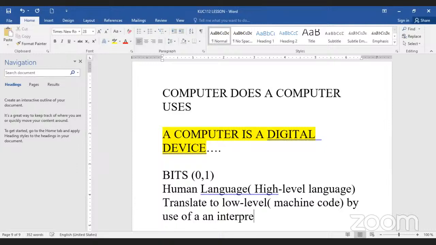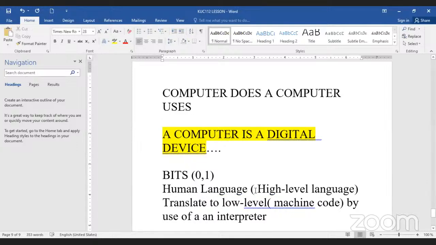An interpreter is just a software that translates high-level language. High-level language is a human language, like the way I'm typing on the screen, I'm using a high-level language.